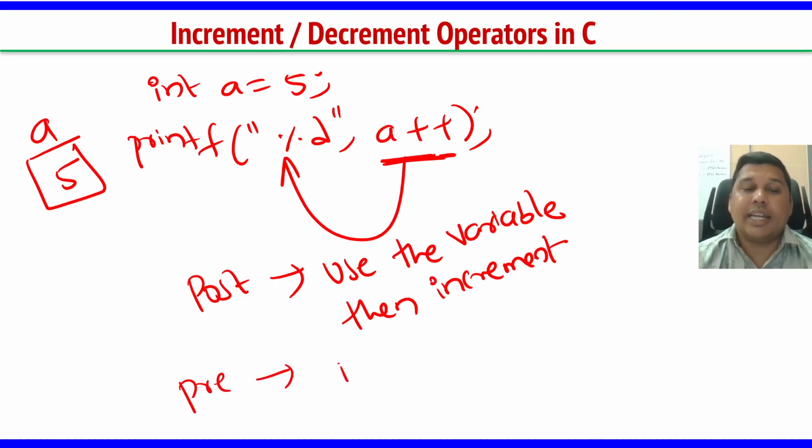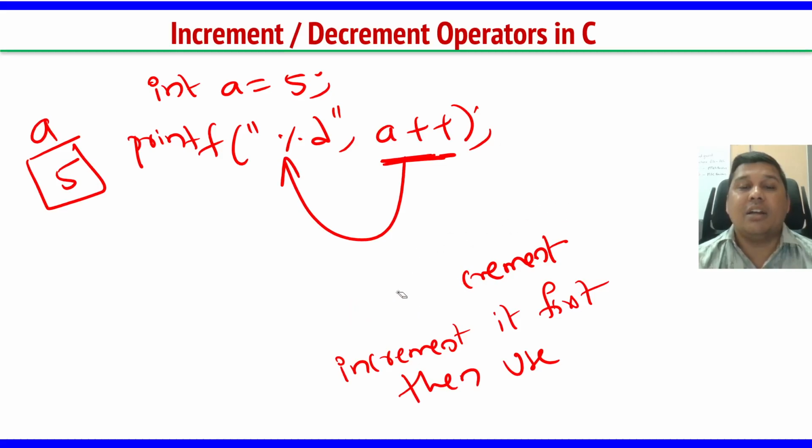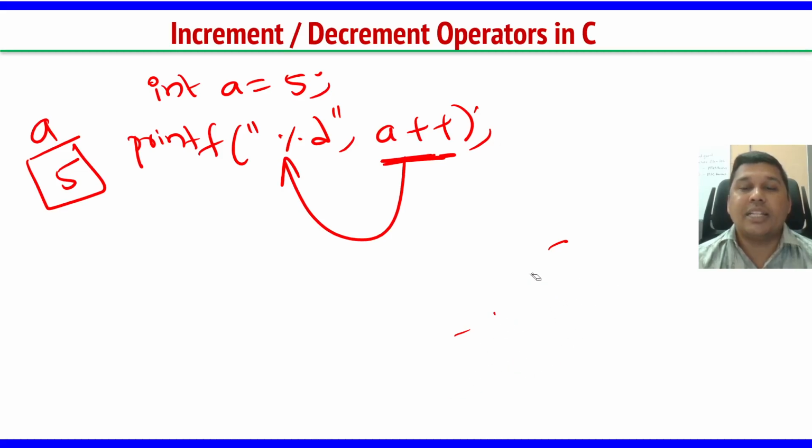Pre-increment means increment it first, then use the variable. That is the difference between post and pre. These rules are applicable when the increment and decrement operators are not standalone, when they are involved in some programming statement. In such a case, we have to go for the rules of post and pre.